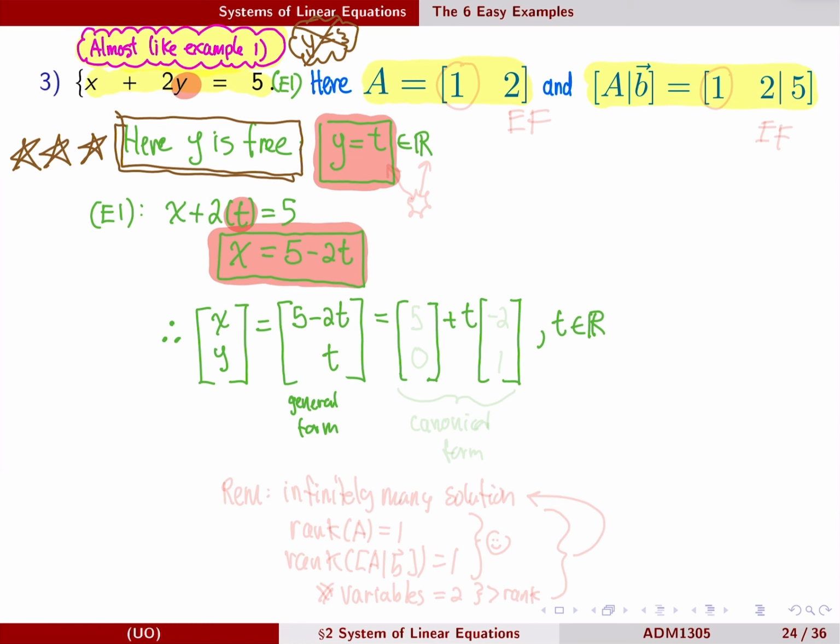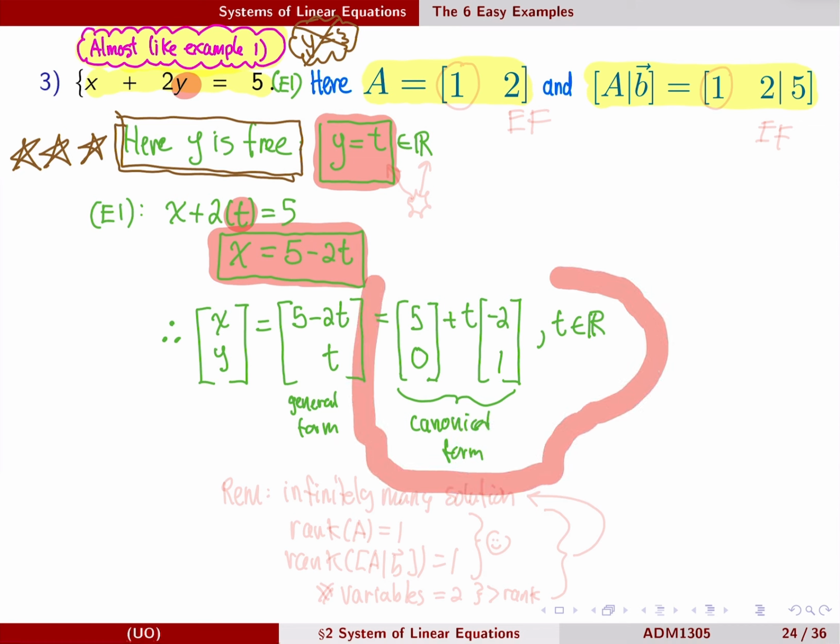For x, I have 5 minus 2t, so 5 is my constant, and my coefficient for t is minus 2. And for y, we have 0 plus 1t. And that, my friends, is the canonical form of my solution.